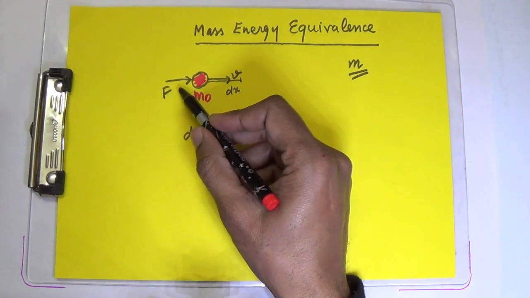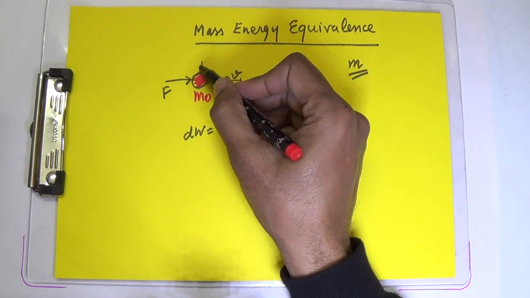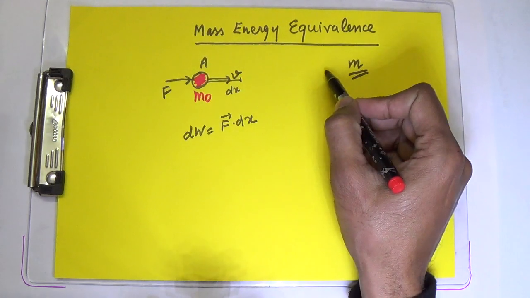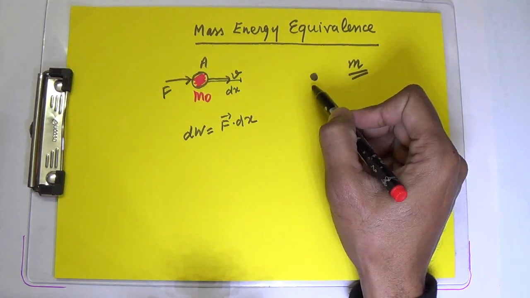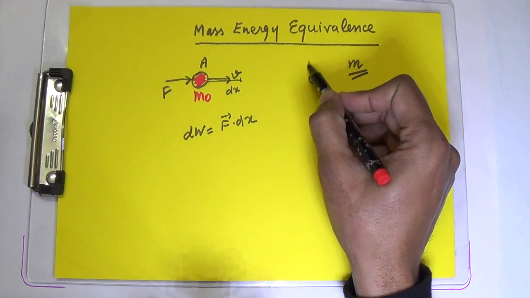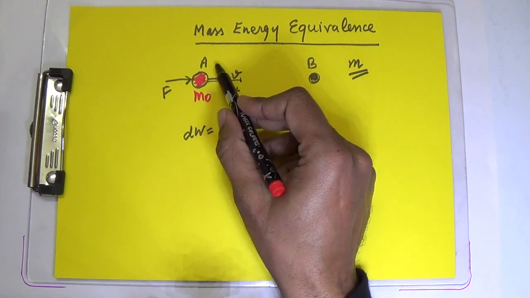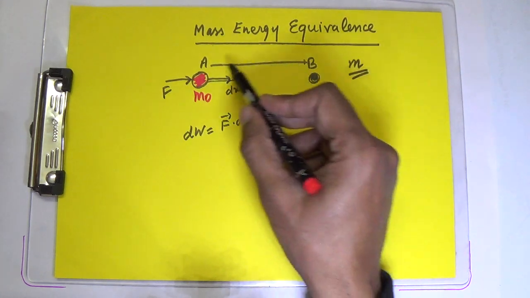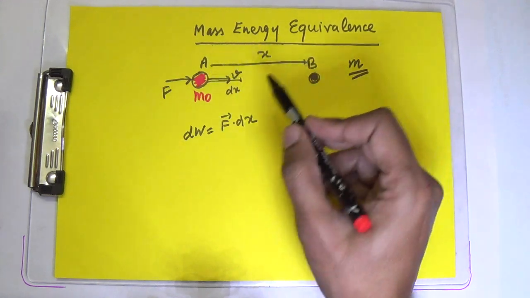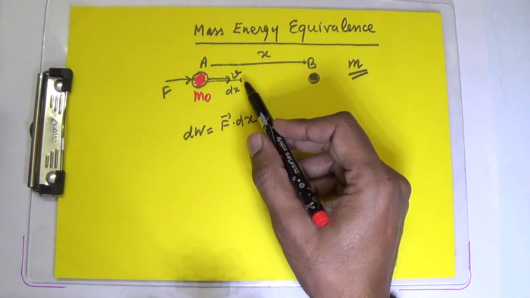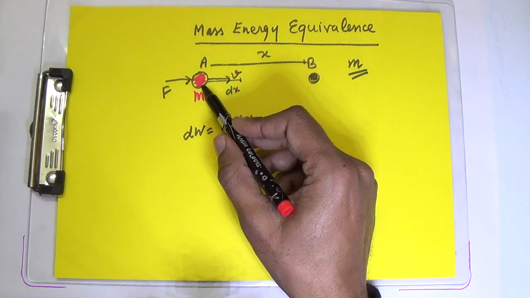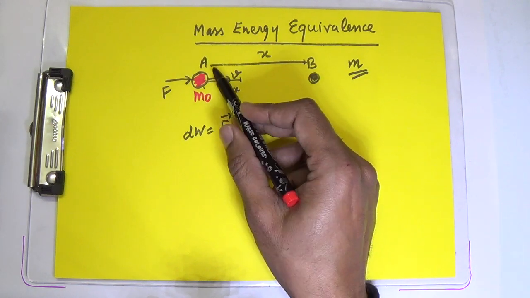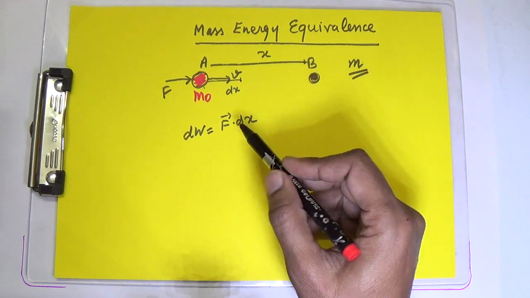As a result of this force, this particle is displaced from position A up to position B, and this distance is x from A to B. So we have to find out the kinetic energy of this particle from A to B.